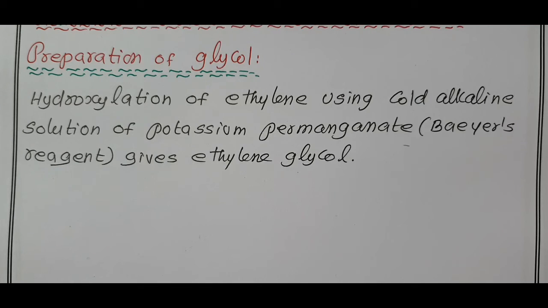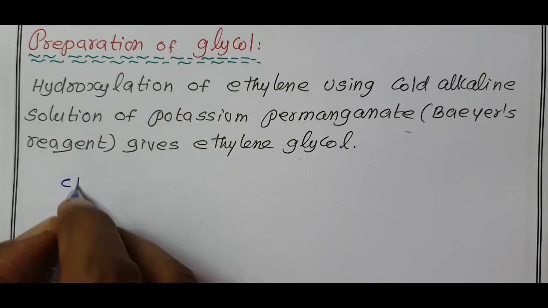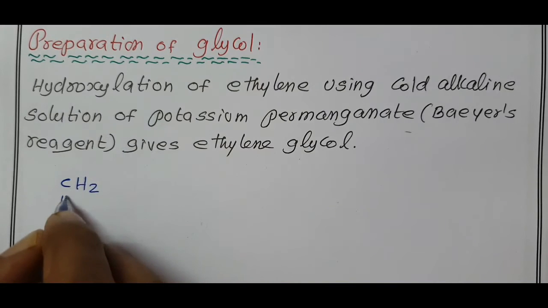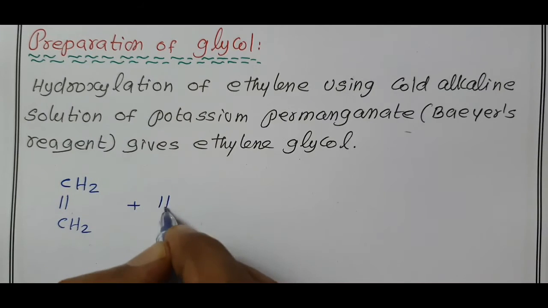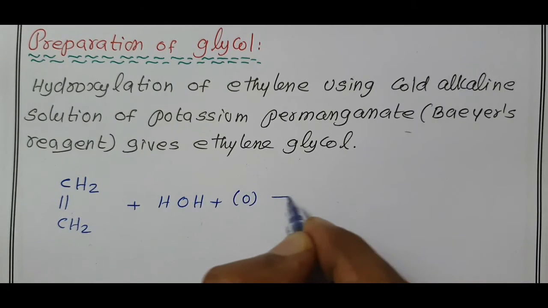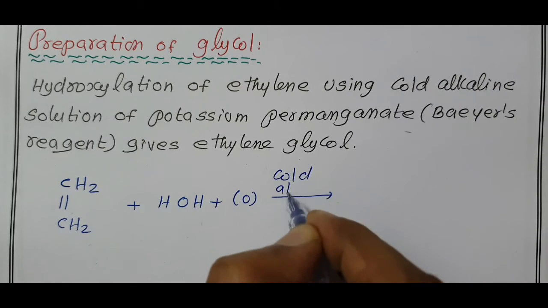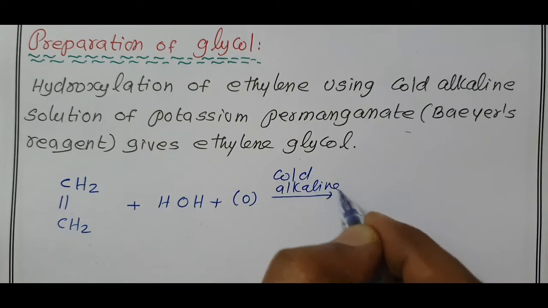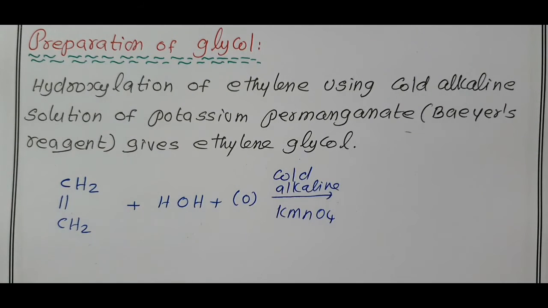Now I write the equation. Ethylene, the first double bonded alkene, CH2 double bond CH2. H2O, water molecule, and the oxidizing agent, cold alkaline potassium permanganate, provides the oxygen necessary for this oxidation reaction.